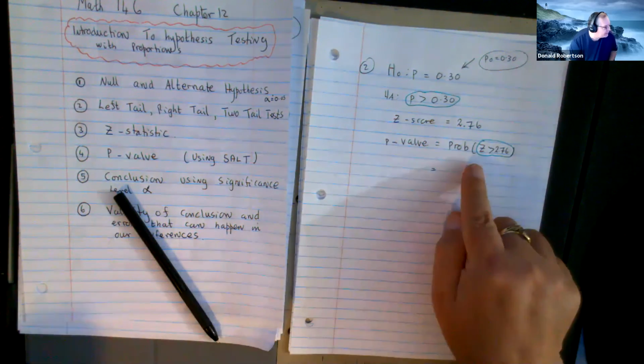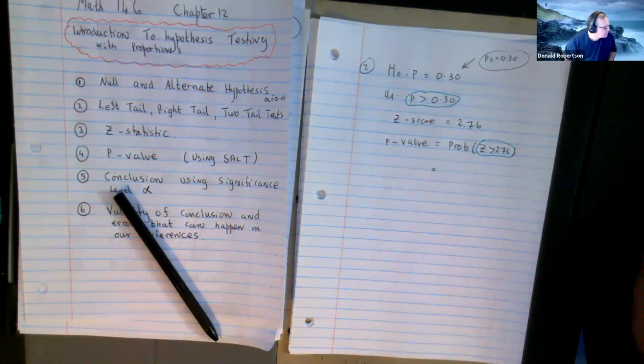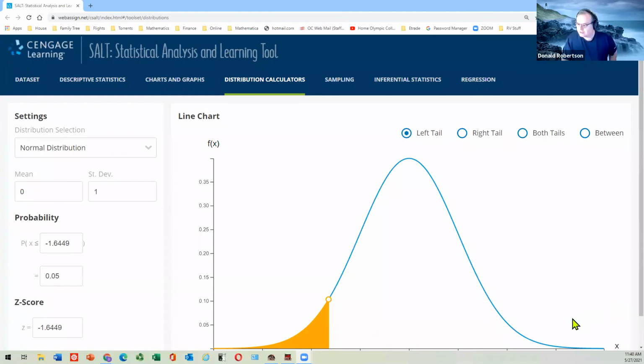Now, at this point, you go and you do the p-value. So I'm clicking on that, even if you can't see it. And let's do a p-value then. Wouldn't it be really cool if I had 3 screens? I'd have one over here and one over here.